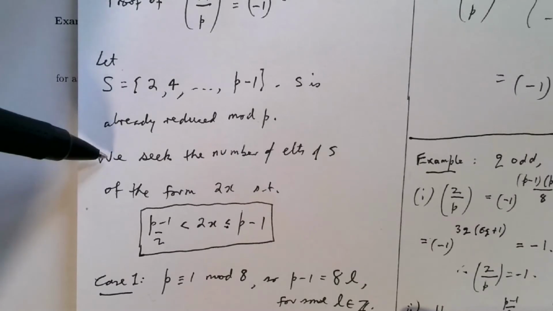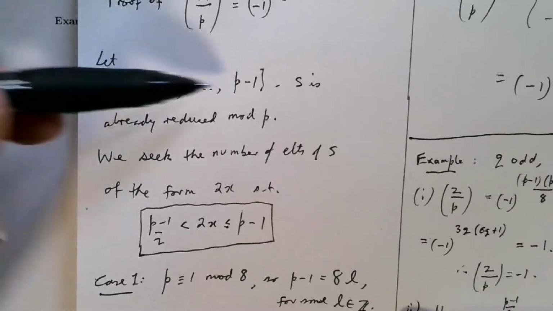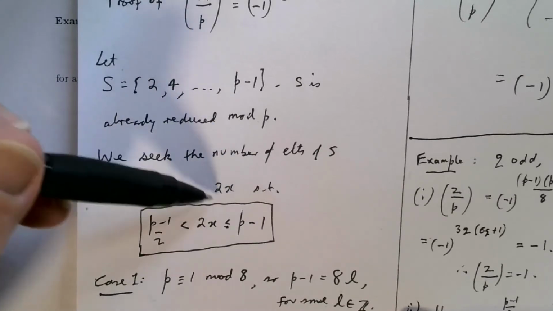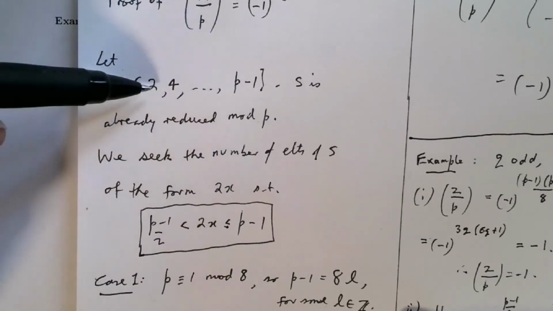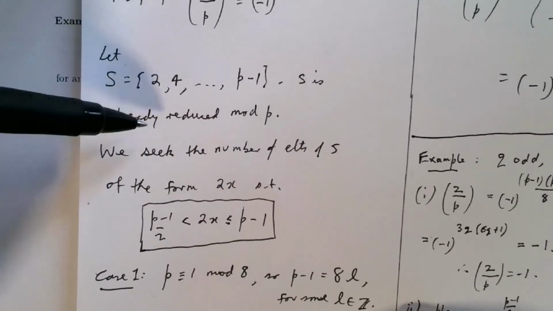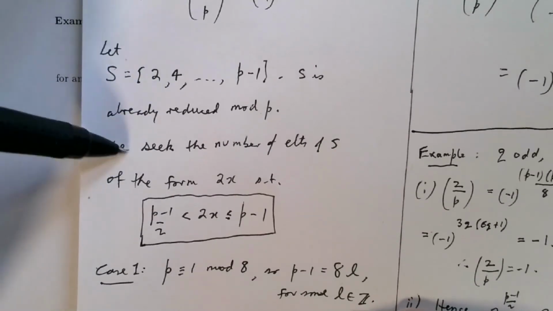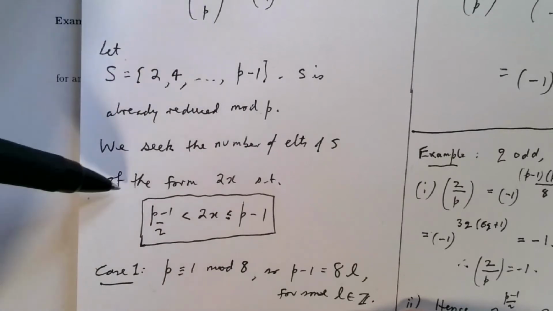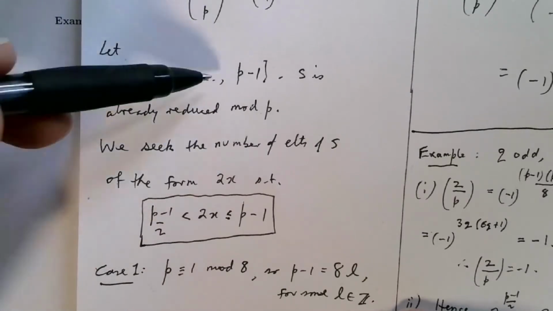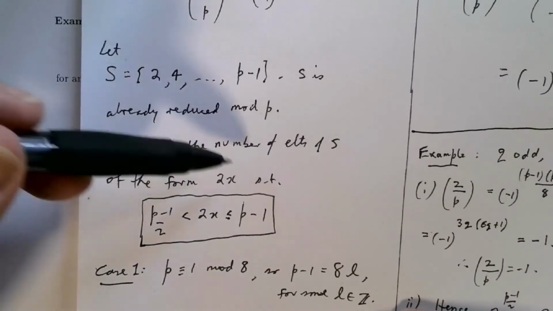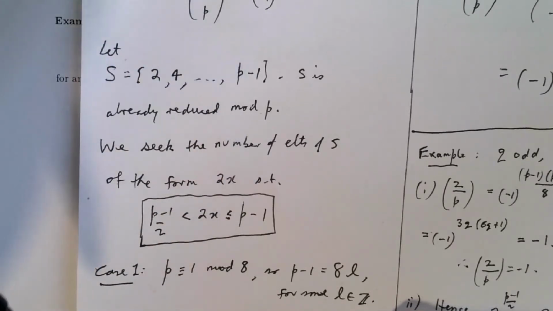So we now seek the number of elements in this set S, all of the form 2x, that lie strictly between p minus 1 over 2 and p minus 1, less than or equal to p minus 1.